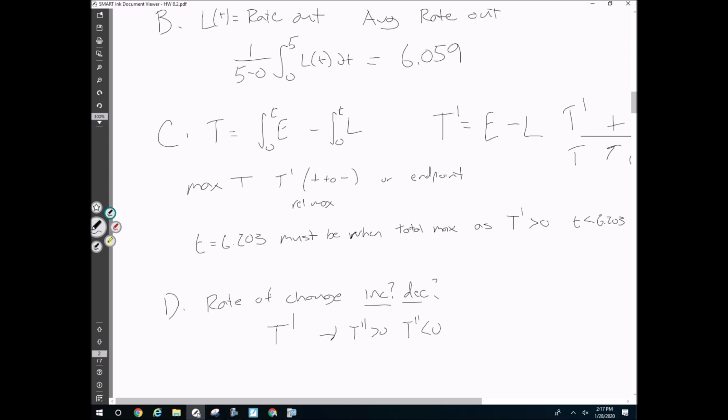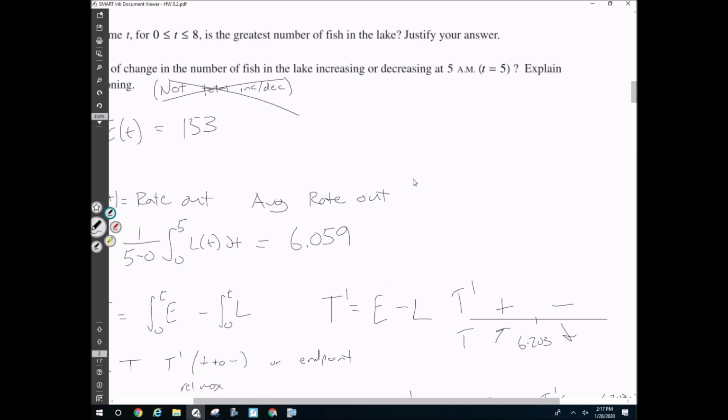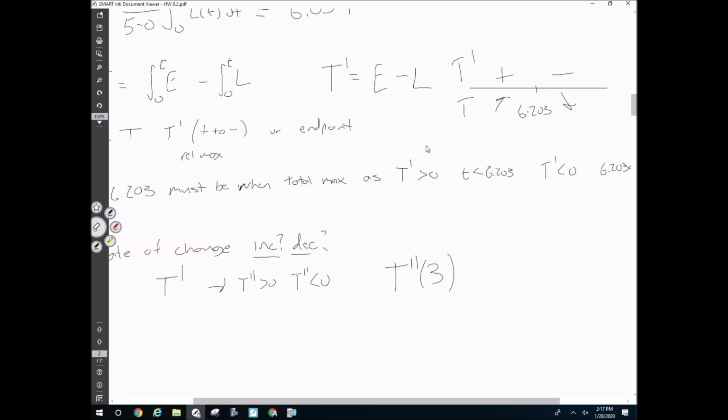That's tricky. So we need T double prime of 3. Was it 3 or was it 5? 5. So T double prime of 5. I'm going to have to take the derivative of T prime at 5.